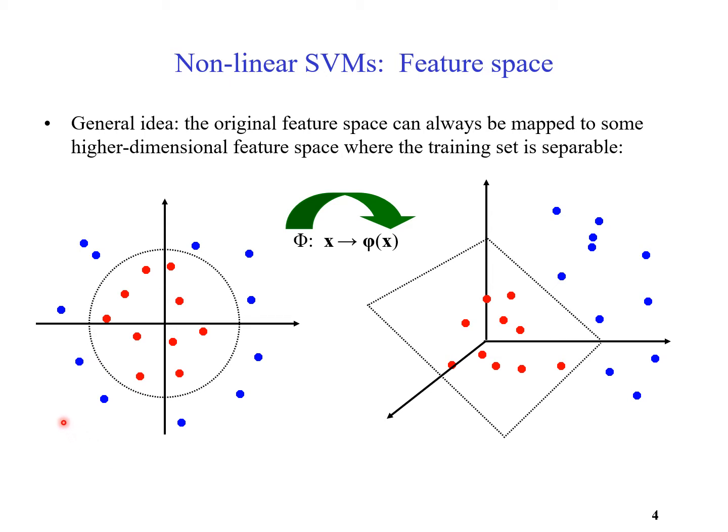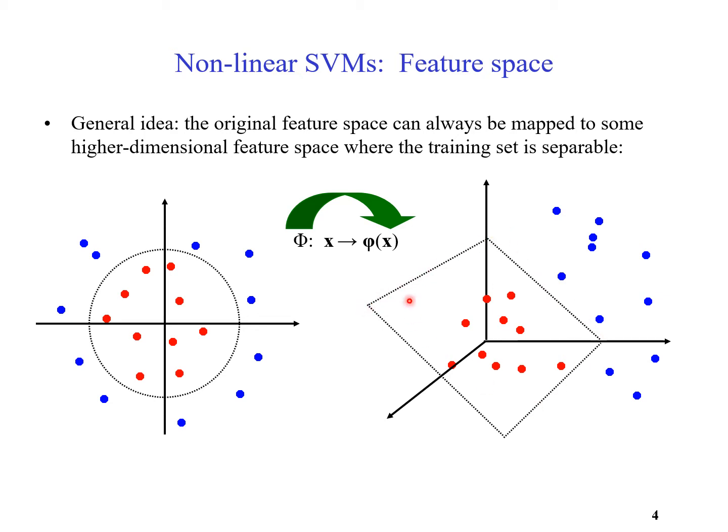So in nonlinear SVM, we have the original dimension, input dimension, and we expand it into higher dimension. In this case, it is expanded to three dimension. In the expanded, higher dimension, we find a linear hyperplane. It's not a line anymore in higher dimension, it's a hyperplane, a linear hyperplane.